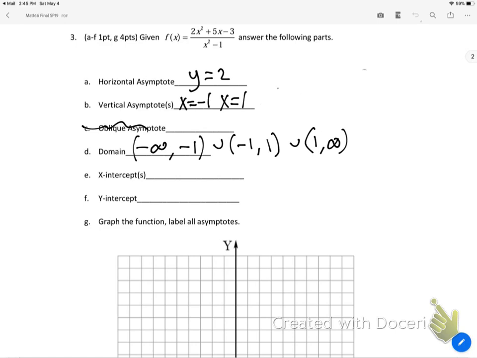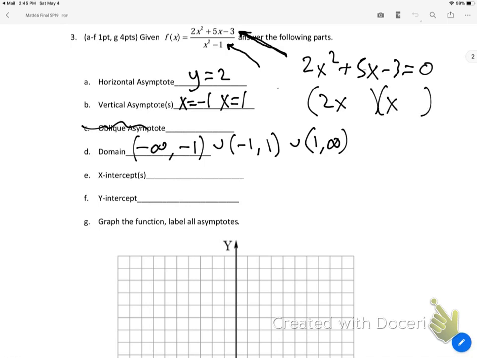Right, next one. X-intercepts. Now we look at the numerator, okay? So remember, denominator for vertical asymptotes, numerator for x-intercepts. We have to factor it, like we factor the denominator. Right, this is going to give me, let's have a think about this. That's going to be plus 3 and negative 1.